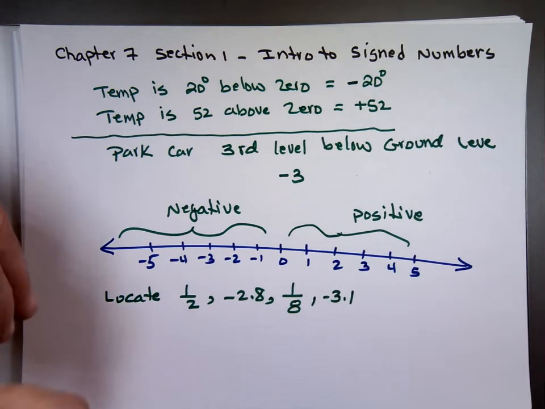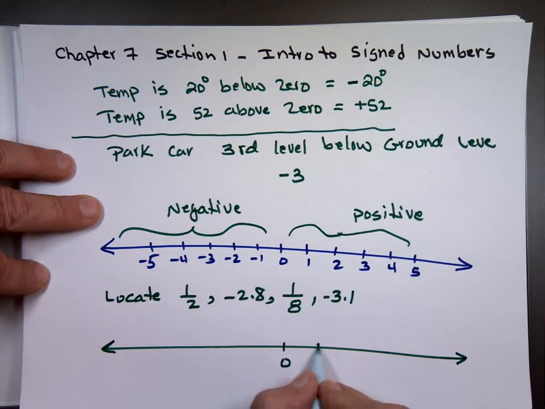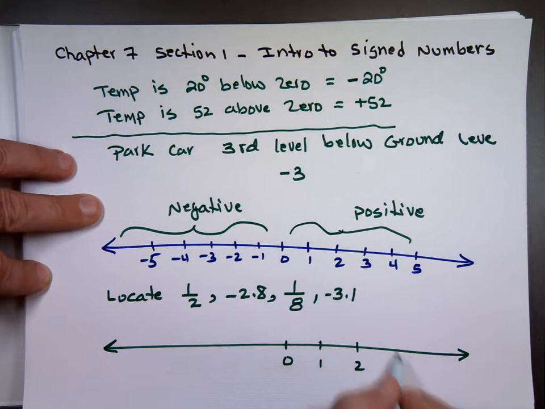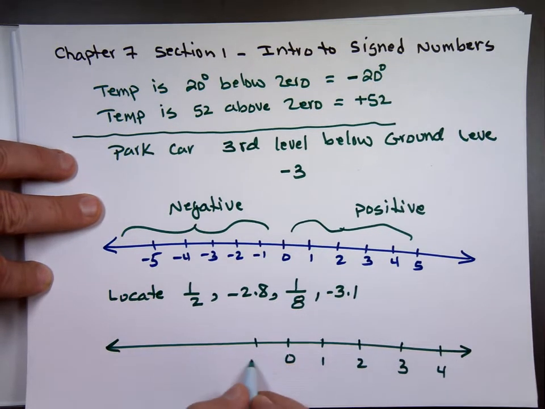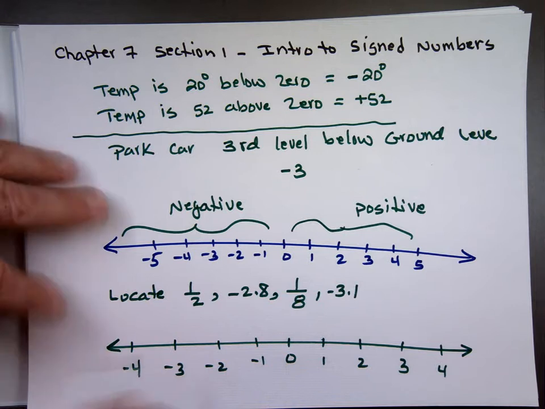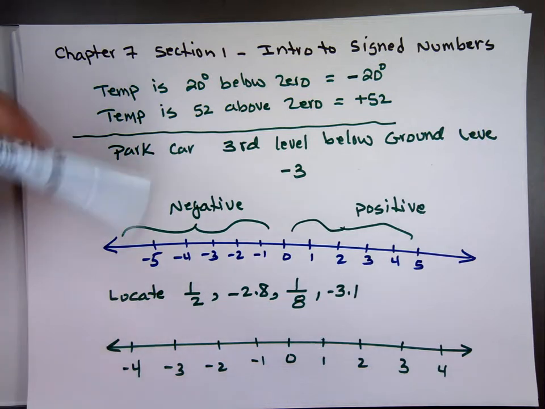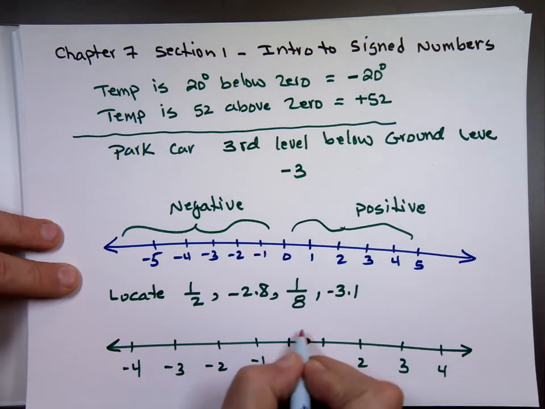Let's see where they align. This is the number line. I'll make them big. 0, 1, 2, 3, 4, minus 1, minus 2, minus 3, minus 4. Where's the 1/2? Halfway between 0 and 1. There's the 1/2.